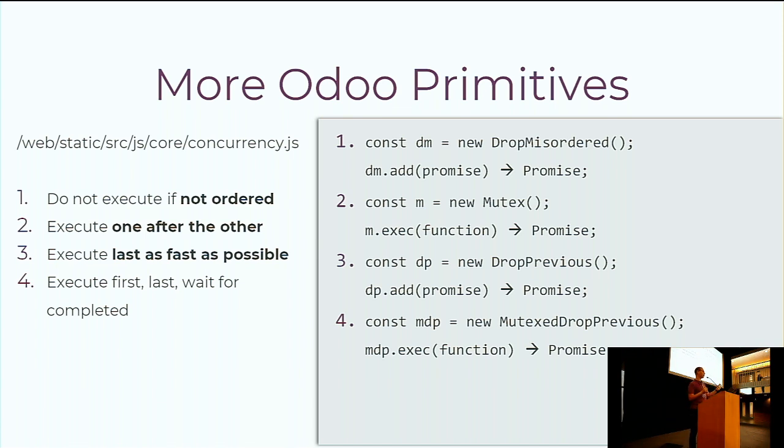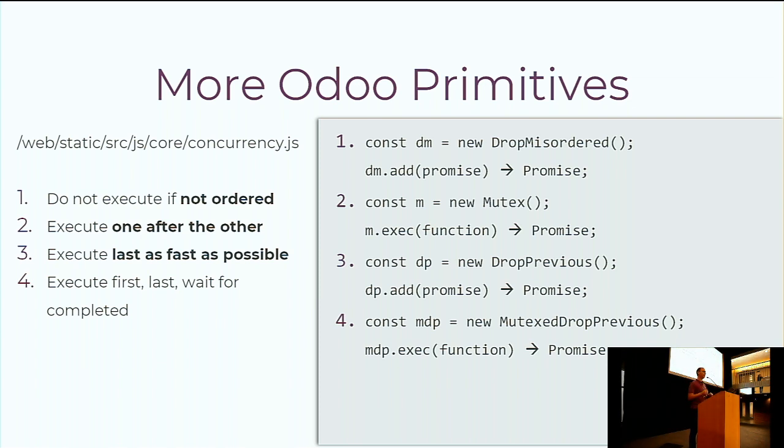It will execute the first one that you have put. If you add a second one, it will wait for the first one to complete. Then if you add a next one, if the second one is not started, it will literally drop it. So you want a complete correct state for the first RPC, then a complete correct state with the last RPC, and everything in between that did not start is dropped.